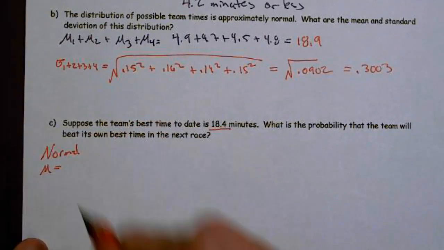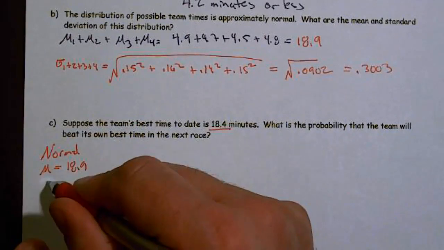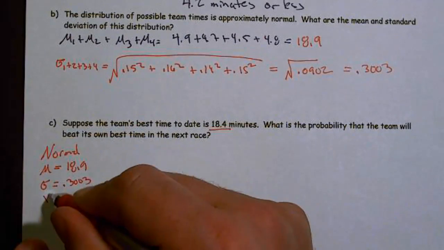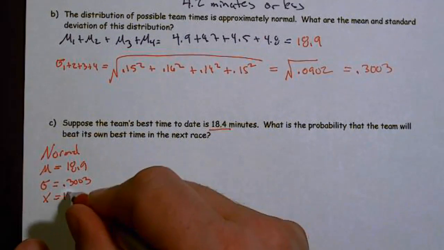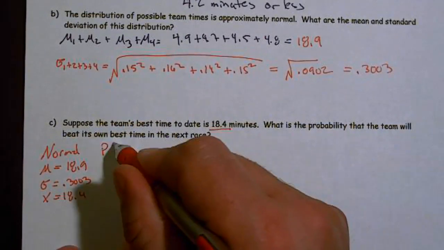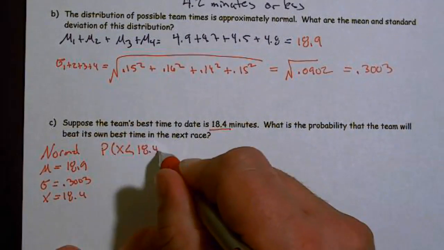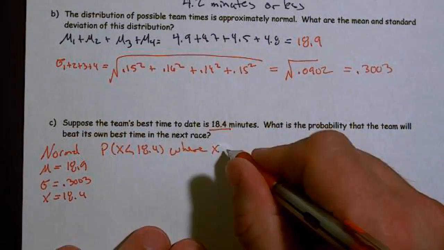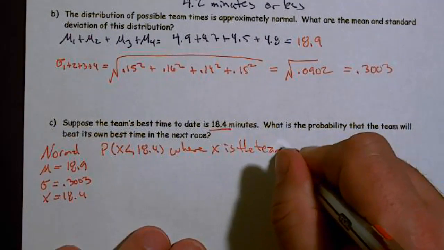Our mean happens to be 18.9 and our standard deviation is 0.3003, and we have an X of 18.4. So we want the probability that X is less than 18.4, where X is the team's time.